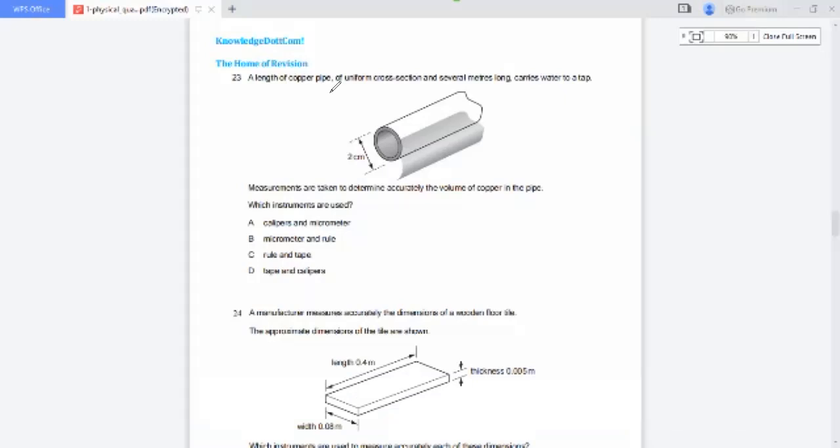For this length, which is several meters long, we can use measuring tape, and for diameter we can use a Vernier caliper, because it is only 2 centimeters. So this option is correct and the rest are incorrect, because the pipe is several meters long, so measuring tape can be used, and its diameter is only a few centimeters, so for centimeters we use a Vernier caliper. So option D is the correct option.